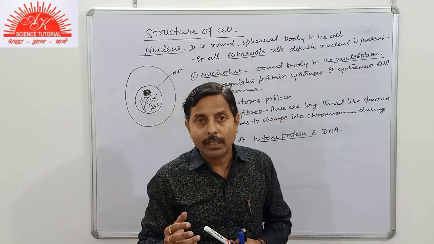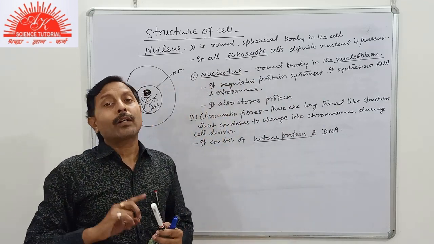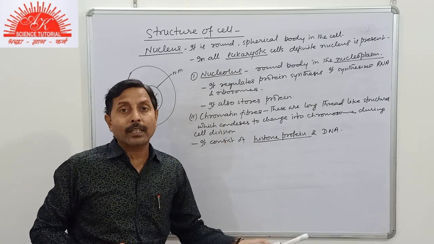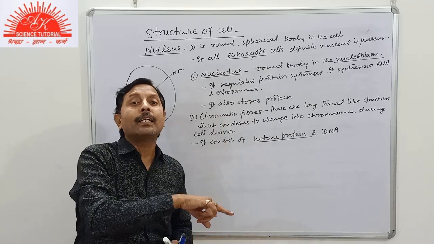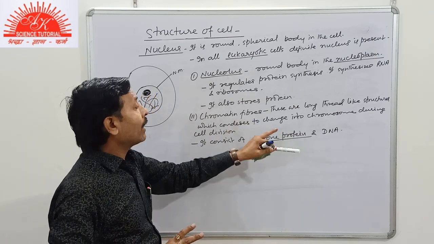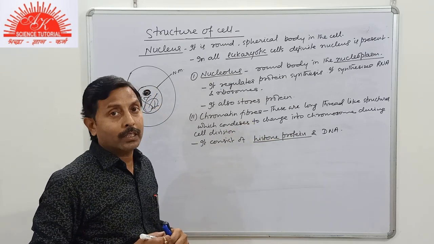Although we have also studied that mitochondria and chloroplast, which are cytoplasmic structures, that is outside the nucleus, also contain DNA, in general the location of RNA and DNA is inside the nucleus.